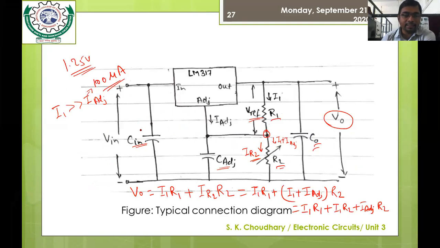C in is necessary when the regulator is not located close to the power supply, when the regulator is located far away from the power supply filter circuit, because after the filter we have to connect this.